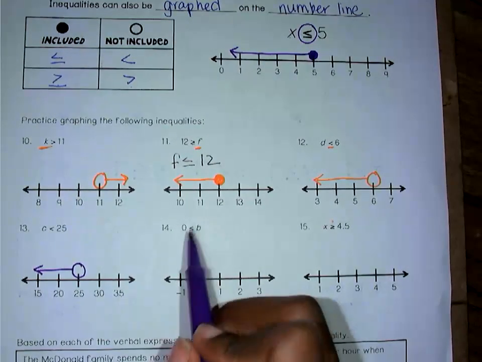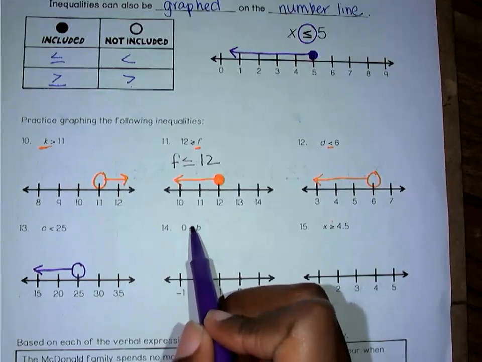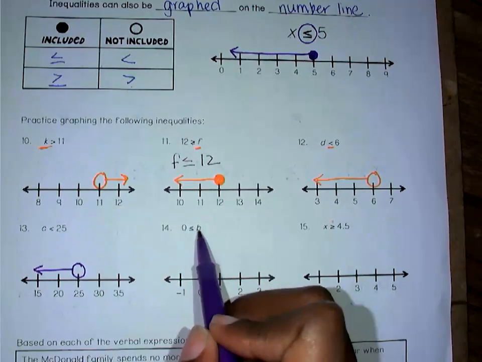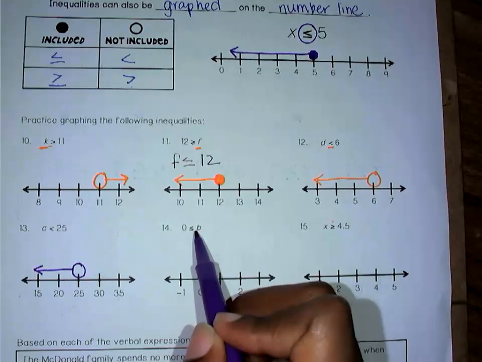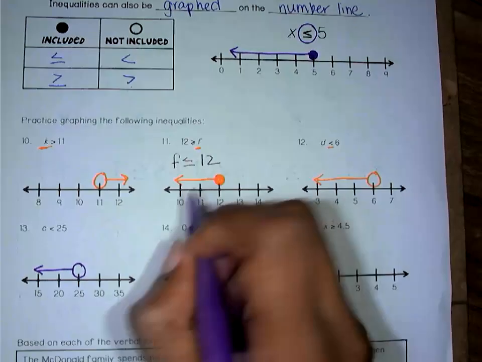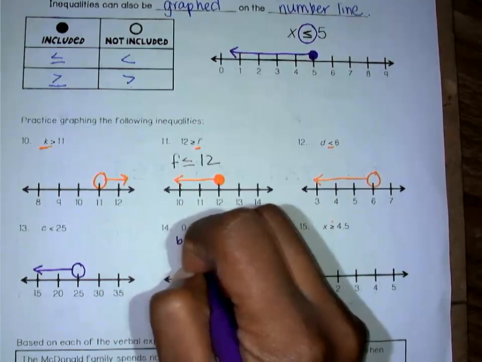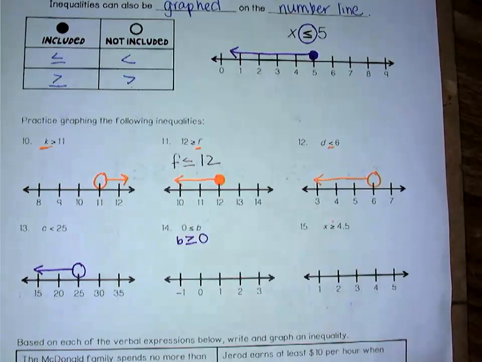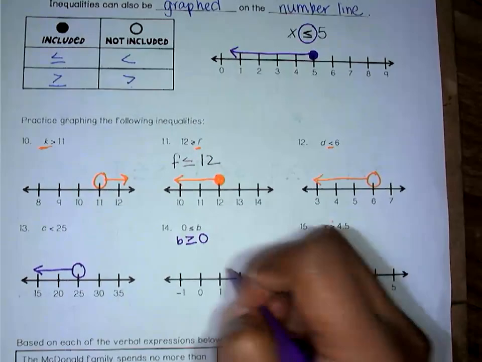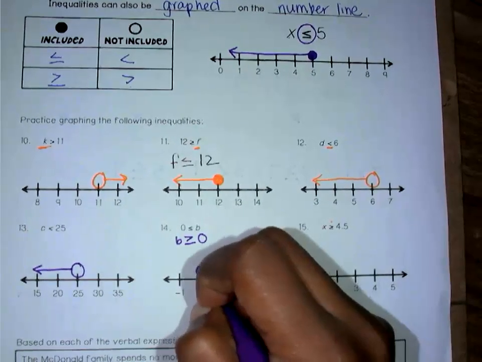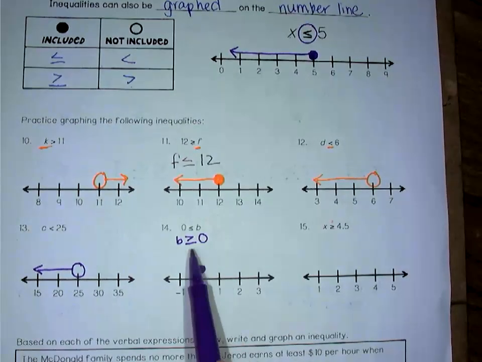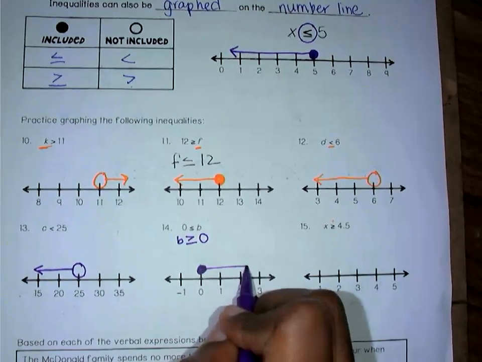For 14, it says 0 is less than or equal to B. But let's go ahead and flip this over because your variable has to be on the left side. All right, so now you have B, flip the sign the other way, and there you go. So I know that this is going to be closed because of that equal sign under it. Now it says B is greater than or equal to 0, and it's going this way.